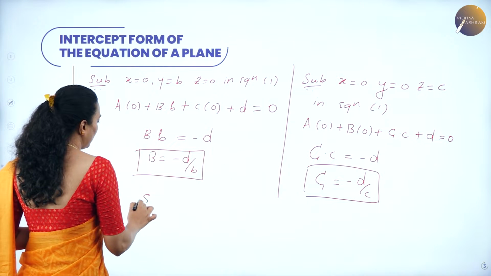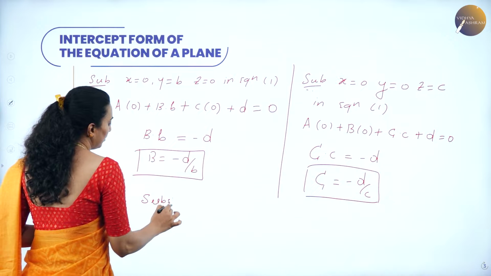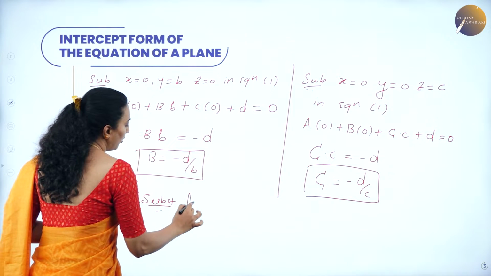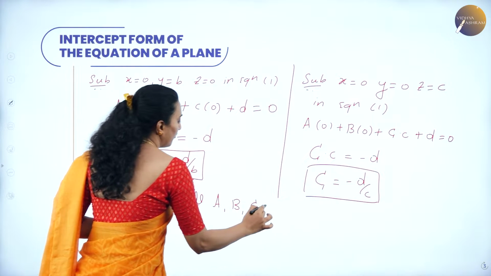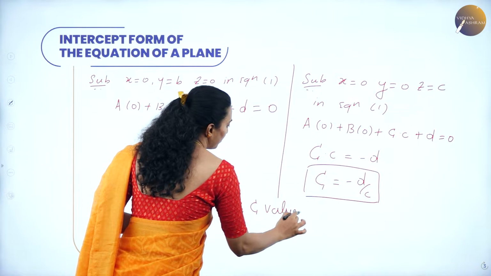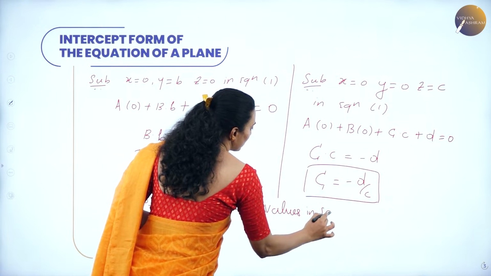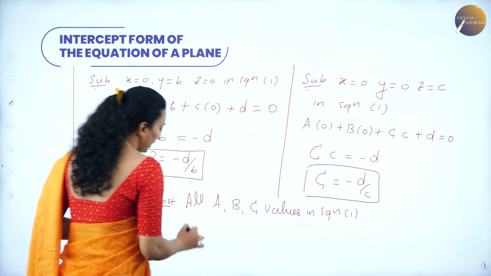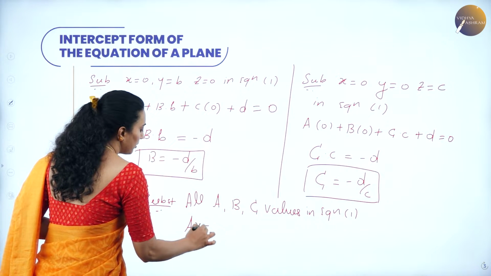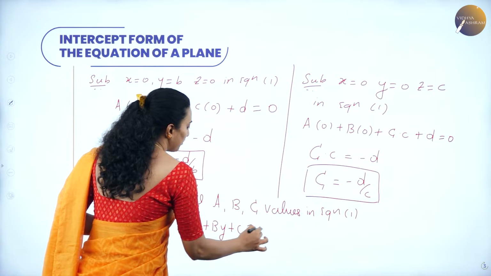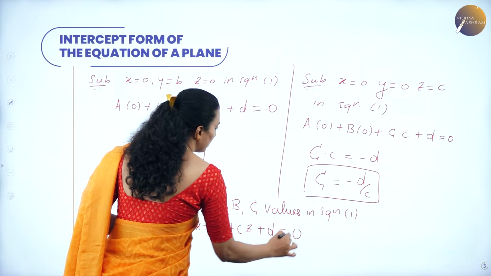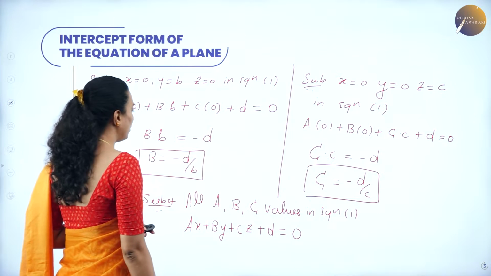So substituting all a, b, c values in equation 1. Let me write the equation 1: Ax plus by plus cz plus d is equal to 0. Let me substitute all the values.